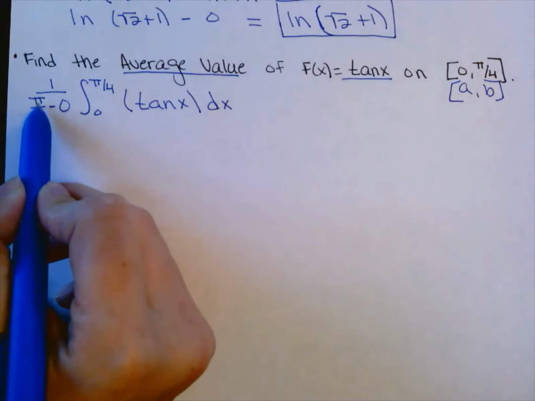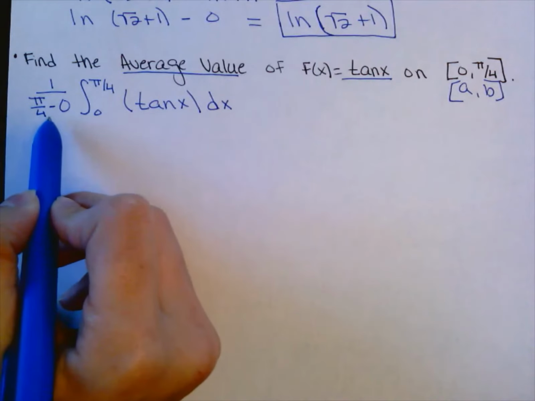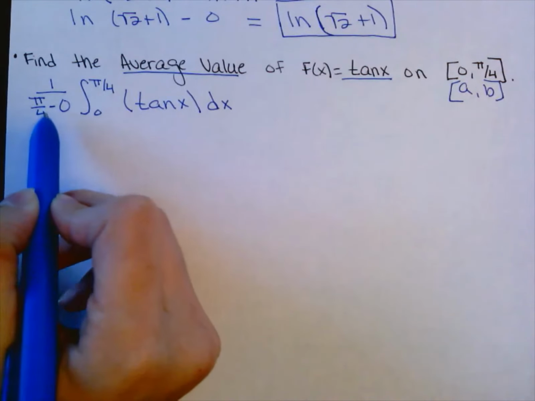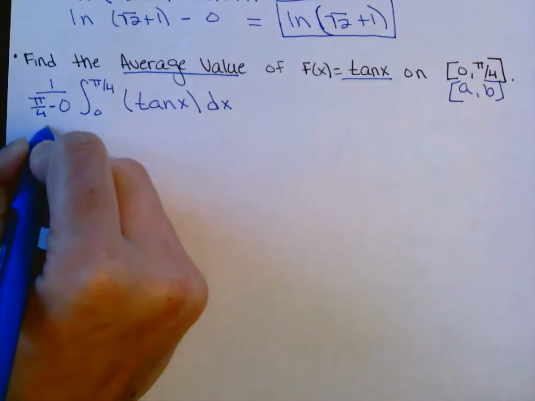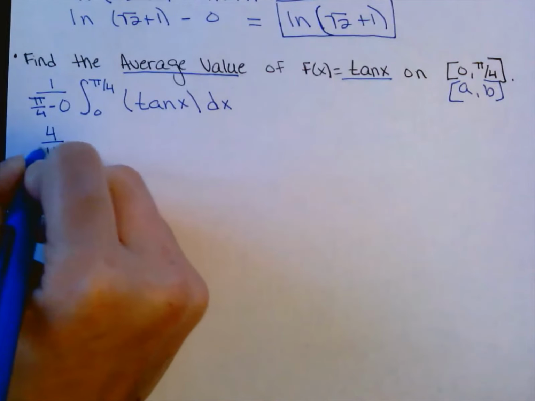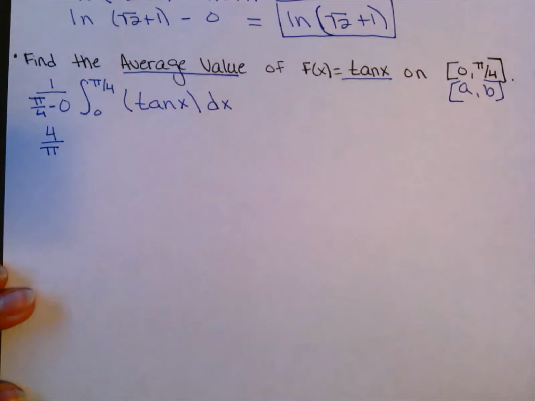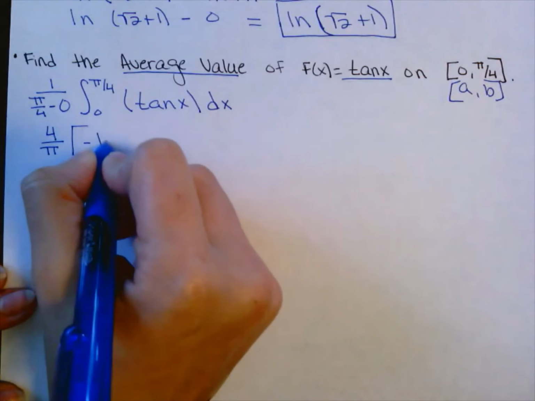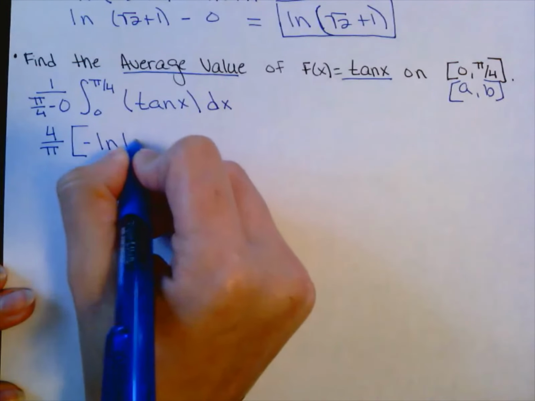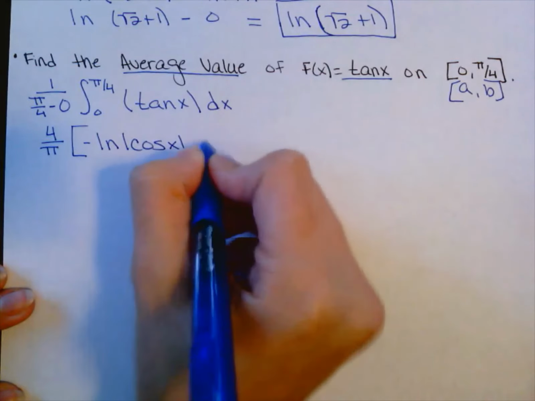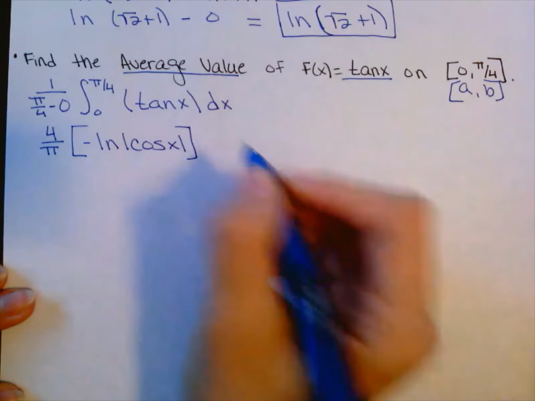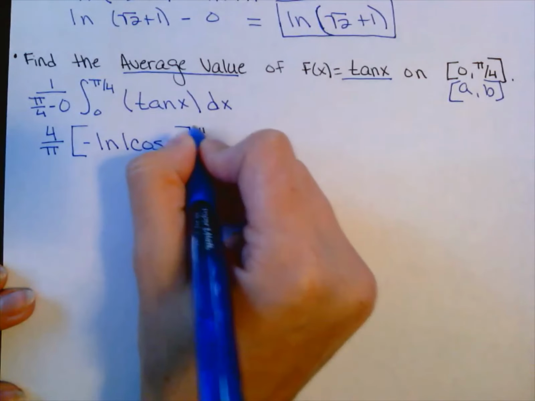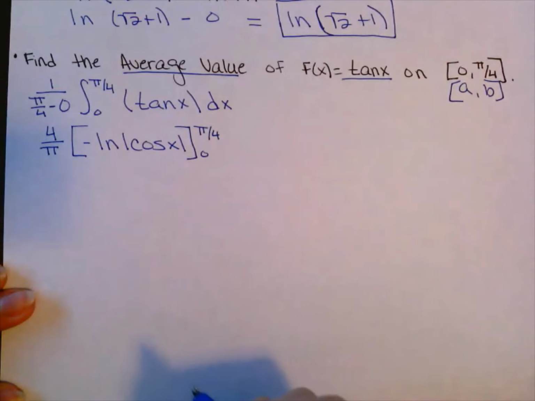So pi over 4 minus 0 is just pi over 4. 1 divided by a fraction, you keep change flip. That's going to be the reciprocal, 4 over pi, okay? Now I'm going to do the antiderivative of tangent. We said that was a negative ln, absolute value of cosine of x. We don't need our plus c, and this is going to go from 0 to pi over 4, okay?